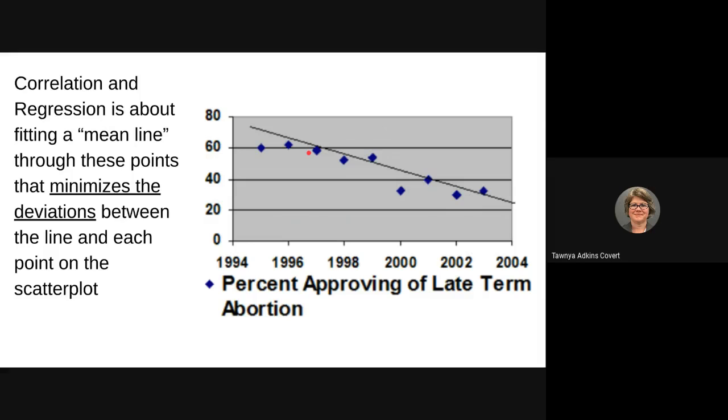We want to mathematically find the best line, the one where if we take all of those distances and we add them together, it's the smallest number possible. Okay, that is the smallest number possible. So it minimizes those deviations between the line and each point on the scatter plot.